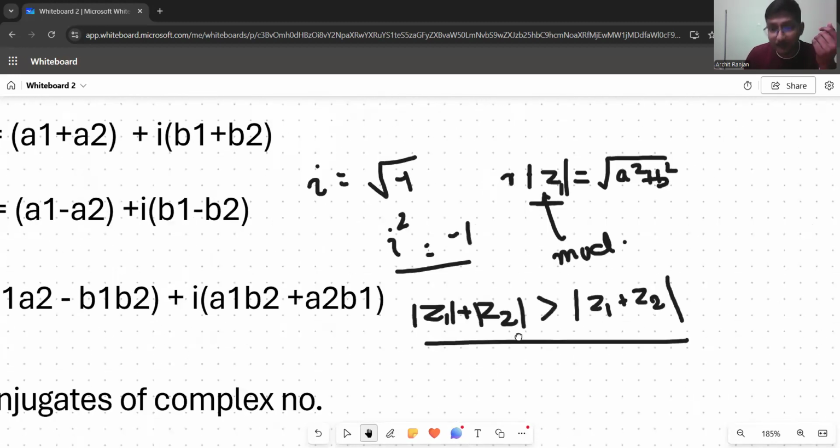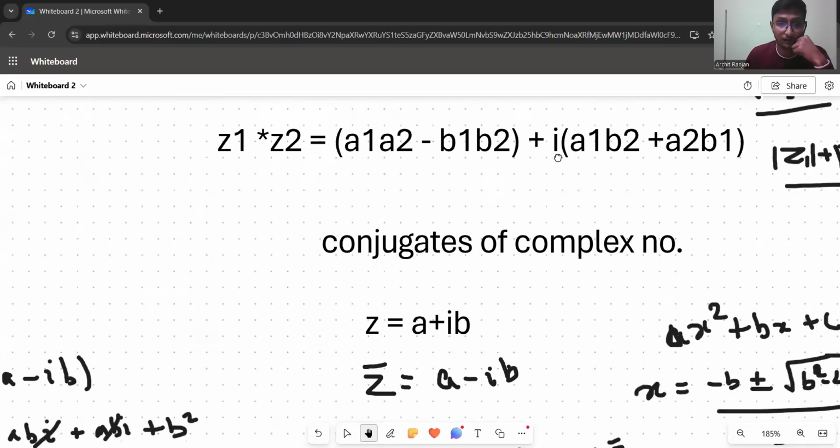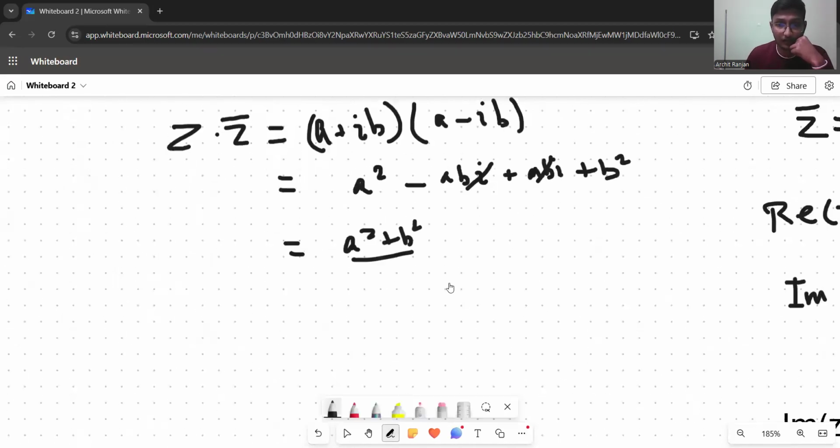Where was it? Here. Basically, the modulus came out. So this is basically r square. This is a very important relation which comes into use very often during the questions in JEE.